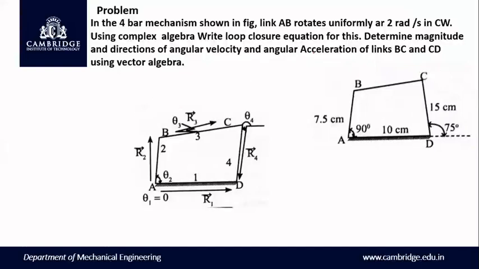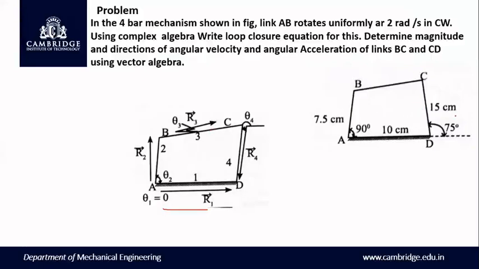So here the diagram is also given, the measurements are also given, the link 1, link 2 are given. Then let us follow the loop closure equation in this problem like this: R1 plus R4 is equal to R2 plus R3.